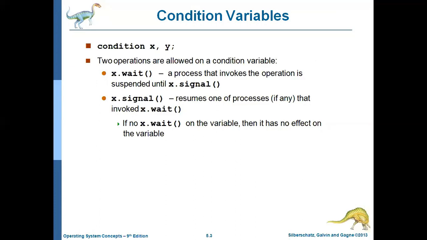And x dot signal resumes or releases one of the processes. Once the process that invoked wait is released, it will give the chance to another blocked process. That is the x dot signal.